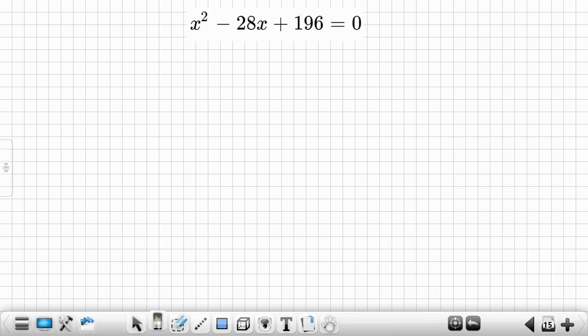So 4 times 196 should be 784. Oh, careful. Ooh. Did Mr. Bates design this problem in an interesting fashion?